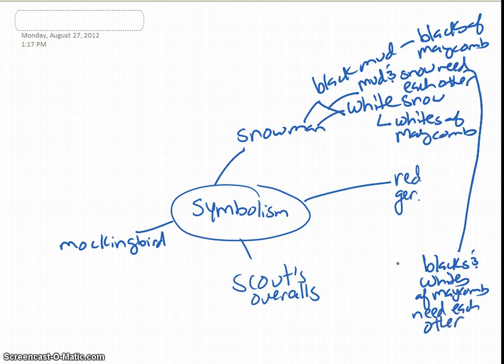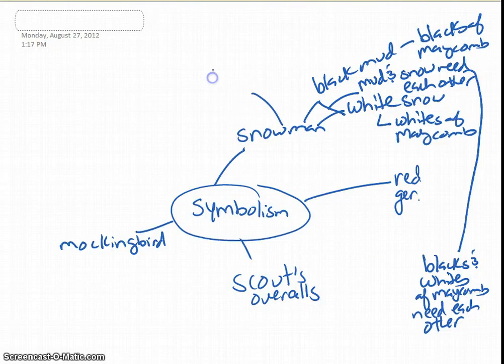They don't realize it yet. Just like in the snowman that Jem makes, the core is black and the outside is white. It's separated. However, when the weather starts to warm up, what happens to the snow and the mud? They melt together and they blend into one.